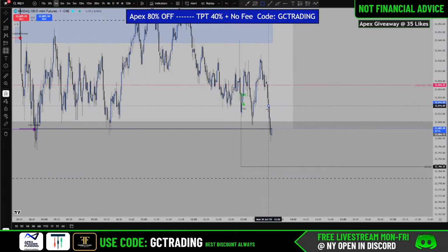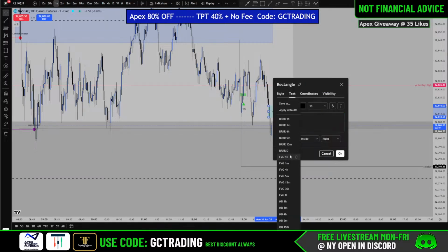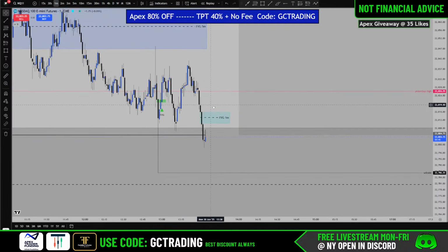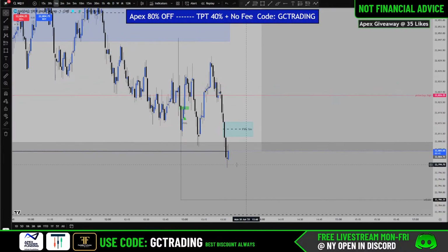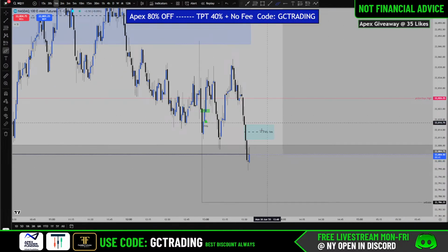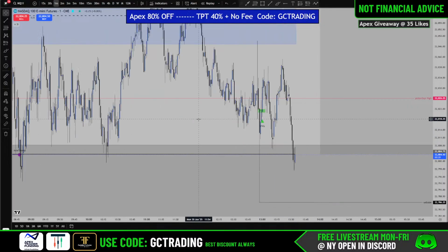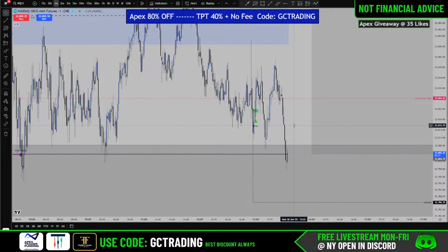I will draw this one since this is the closest and the most significant. If you're really aggressive, you could look to do something like this, and once you see a little bit of confirmation, you get short. Be very aggressive, which, this is a bad delivery day, so I don't think that's a great idea, but could it work?